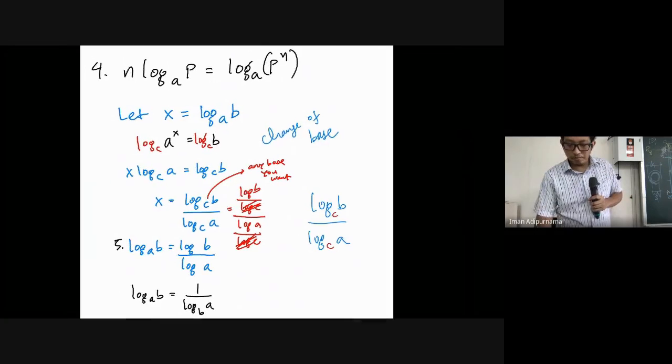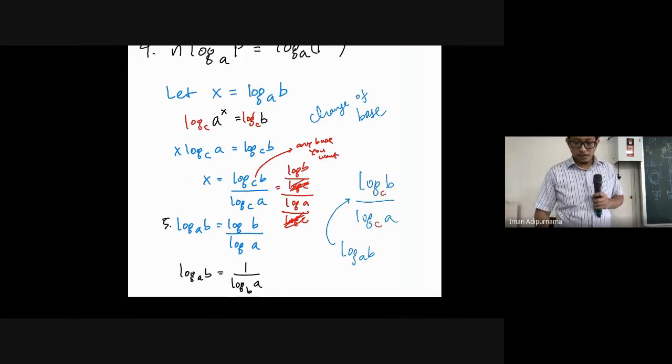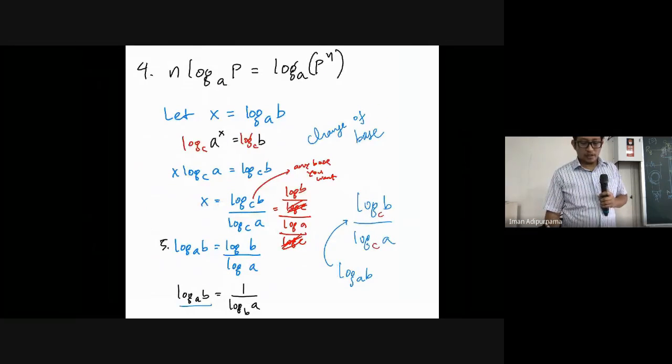It will be log base a of b. So you can rewrite log base a of b as log b over log a. So if you have log base a of b, you can switch and become 1 over log base b of a.